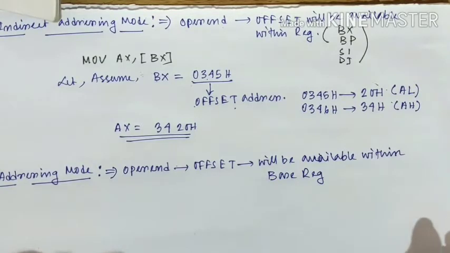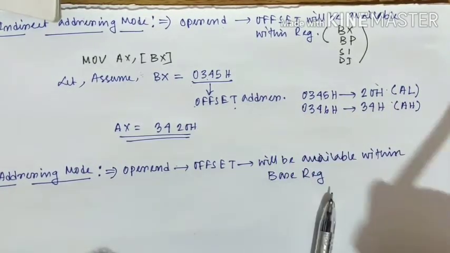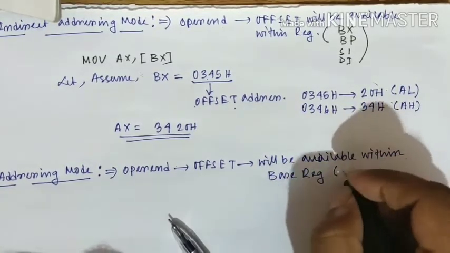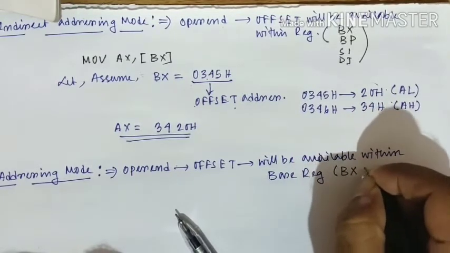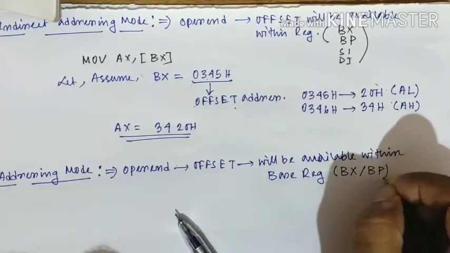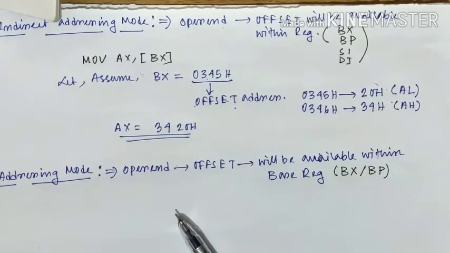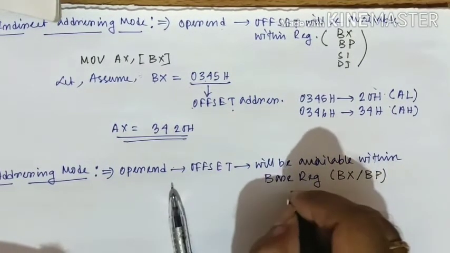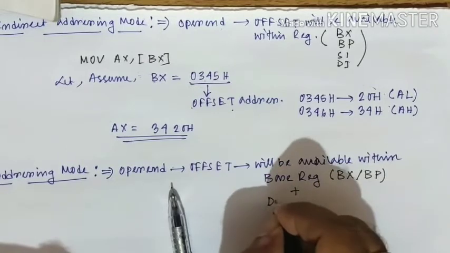So base register means, we know, it will be either BX or BP, and a new term, that is displacement.